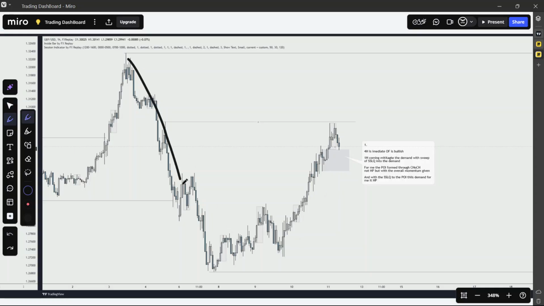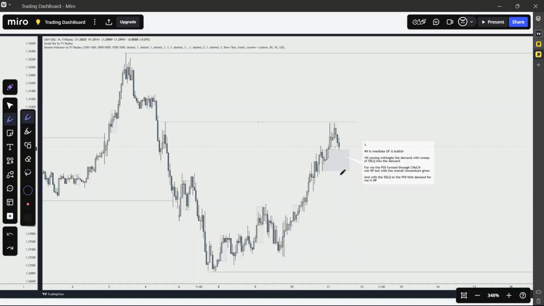So again, the same analysis, right? Coming into the 1s chart, I saw this demand that was being mitigated right at that point before my entry. This POI formed through a CHoCH actually, which makes it not high probability.